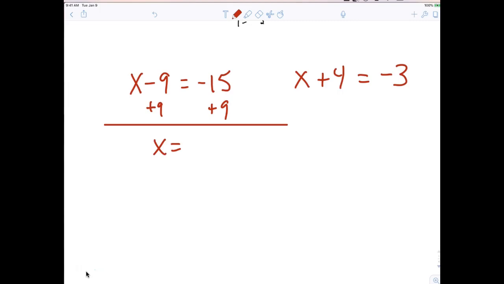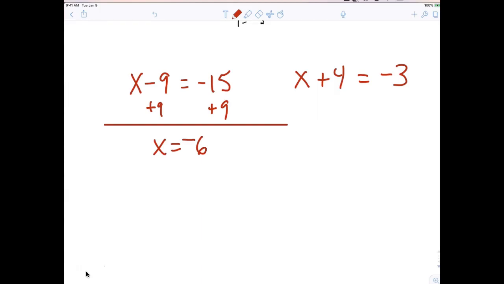Now is it positive or negative? Negative. All right, that's the answer to that. That's how you solve the problem.